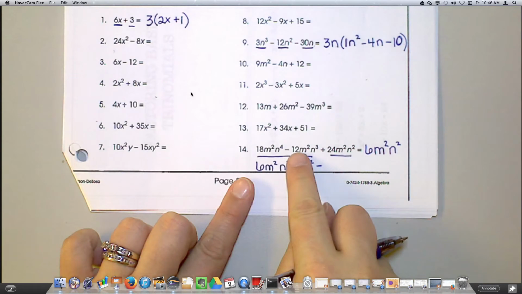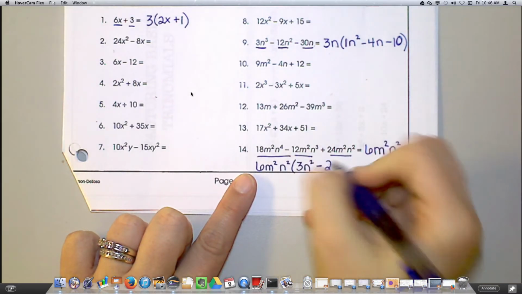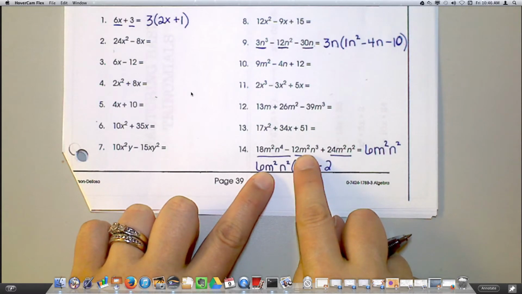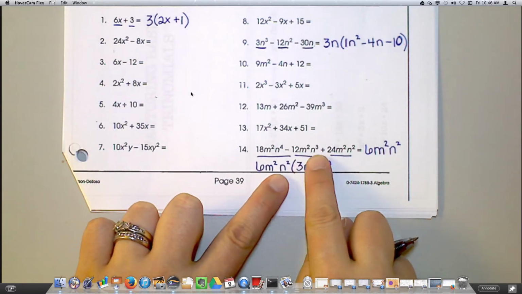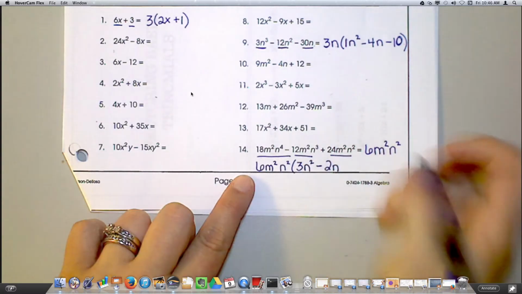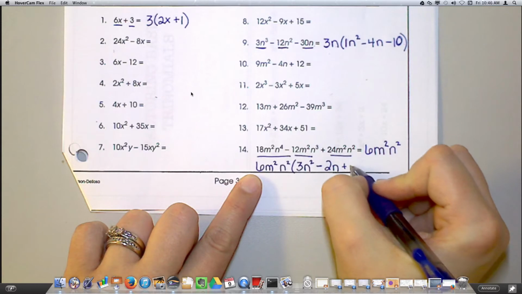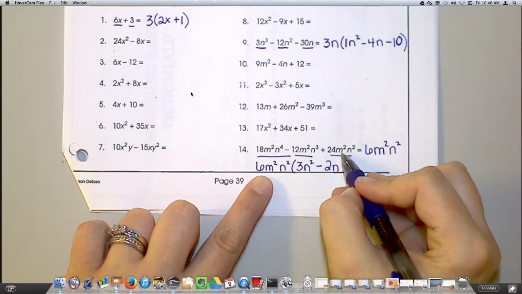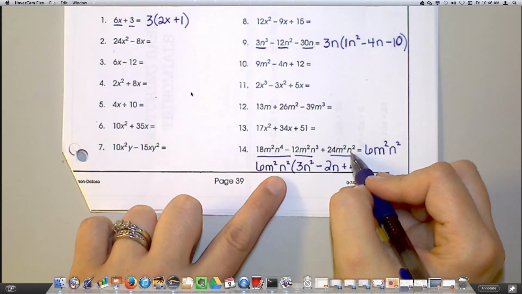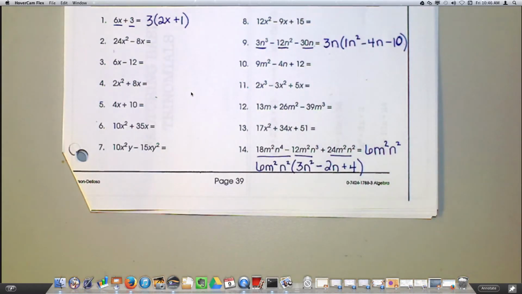Minus 6 times what would give me that 12? 2. I took 2m's, so do I have any m's? And I took 2n's. 1 n left, yep. And then 6 times what would give me 24? 4. Do I have any m's left? And do I have any n's left? No. There's my final answer.